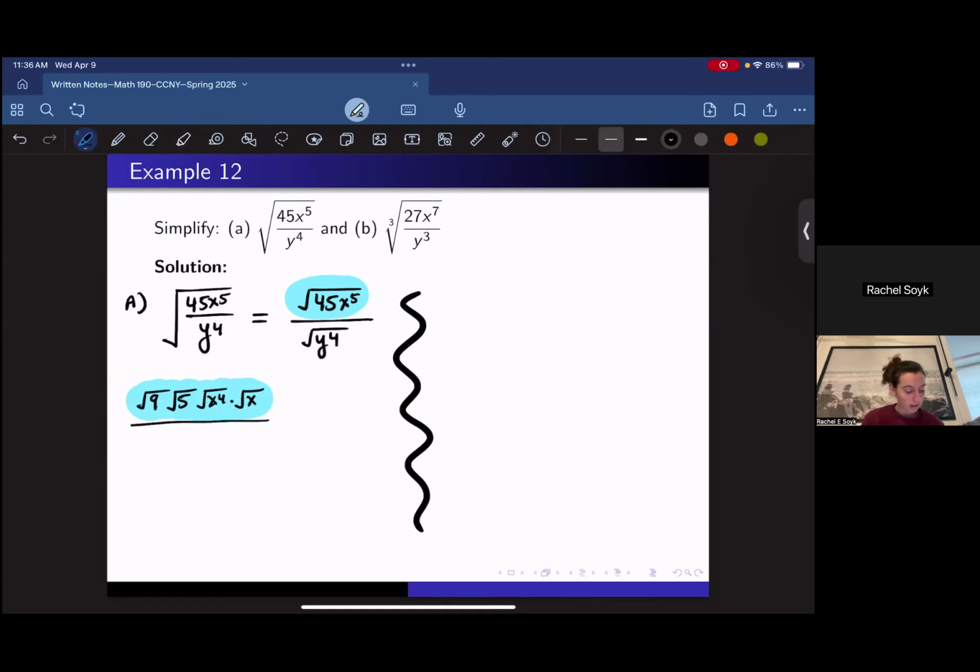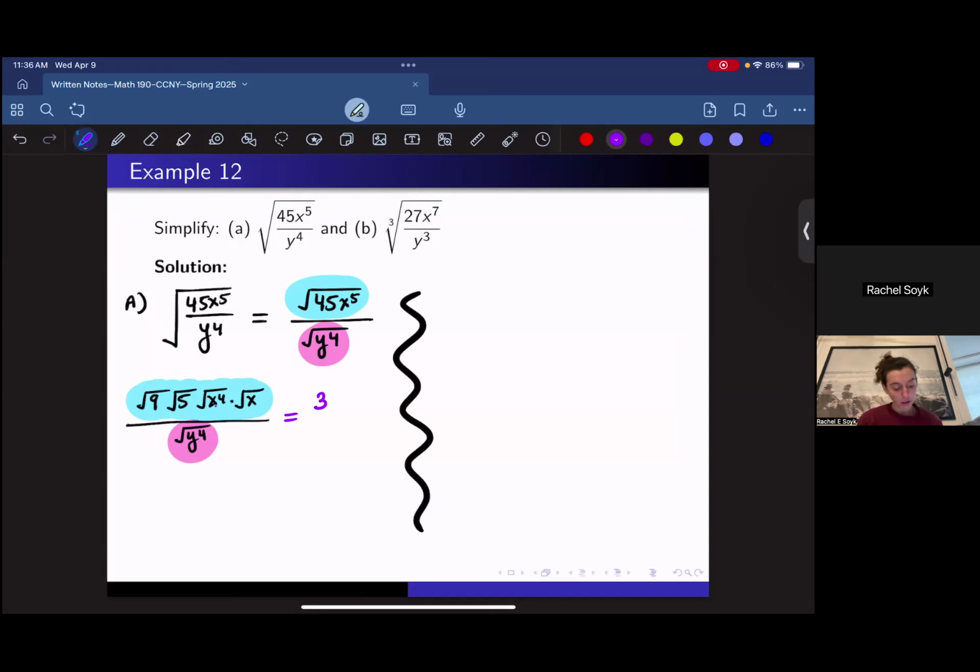Our new denominator, square root of y to the 4th, well, actually, that goes in perfectly, so we can keep that as is. We'll just highlight it in pink. Okay. So now let's simplify. Square root of 9 is just 3. Square root of 5 cannot be simplified.